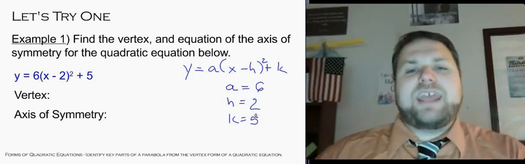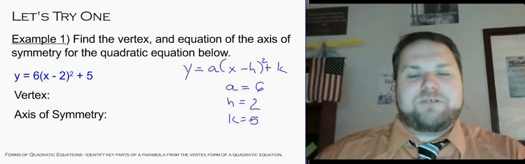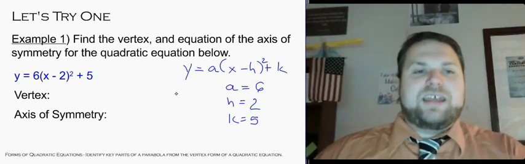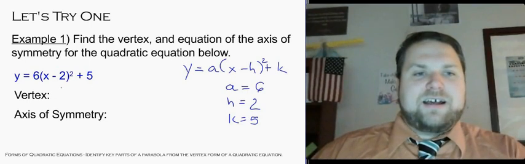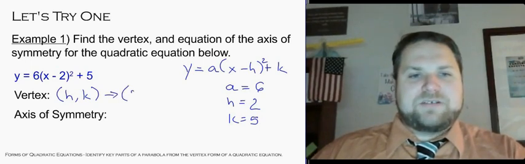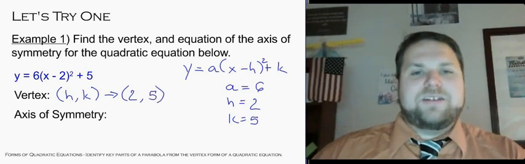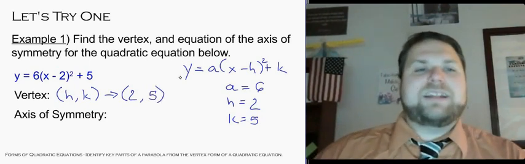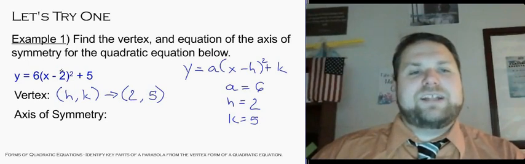So now I have A, H, and K as my parameters for this equation. And to find my vertex, all I got to know is that it's just H, comma, K. So in this case, my vertex is just going to be 2, 5. Easy as that. No calculations, no complicated anything. I can literally just read it out of the equation.